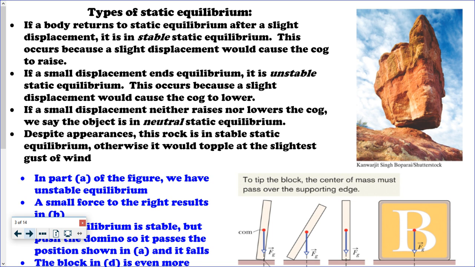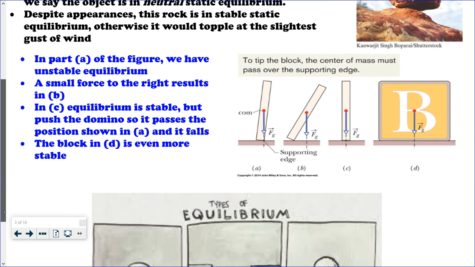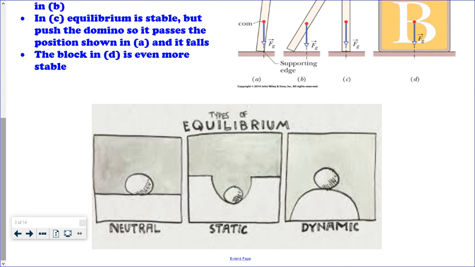If tipping or slightly bumping the object raises the center of mass, that's called stable equilibrium, because when you tip an object and raise the center of gravity, gravity is going to want to correct it and lower that center of mass. Here's the simplest example down here. Here are the three types of equilibrium.